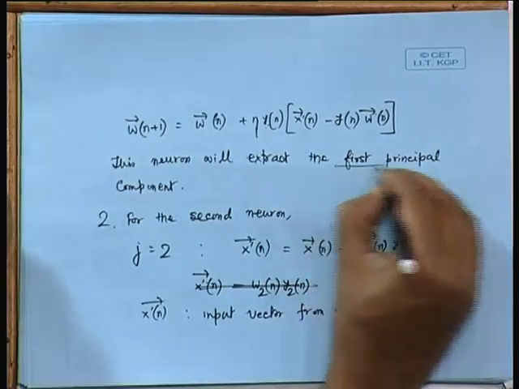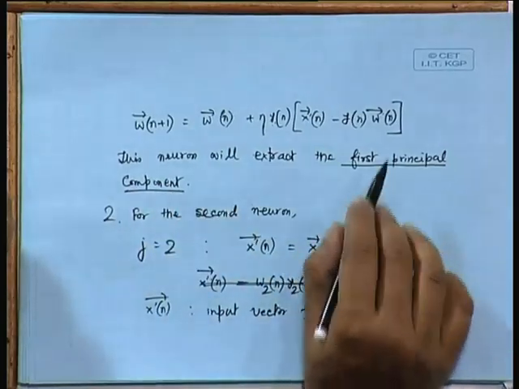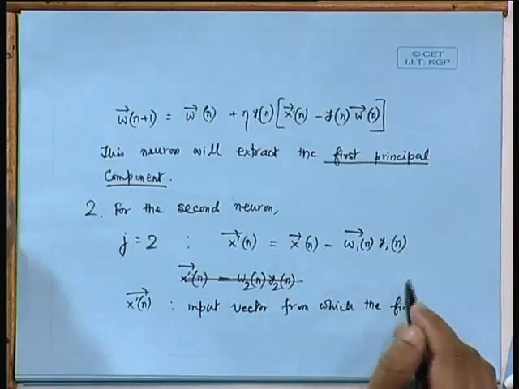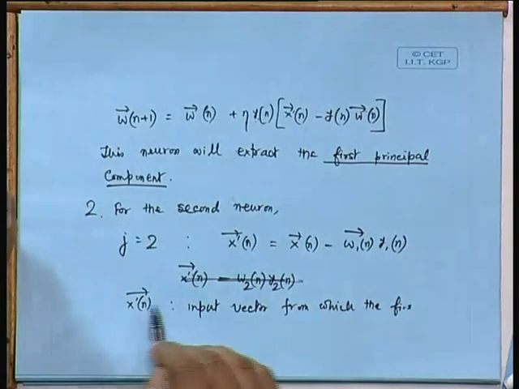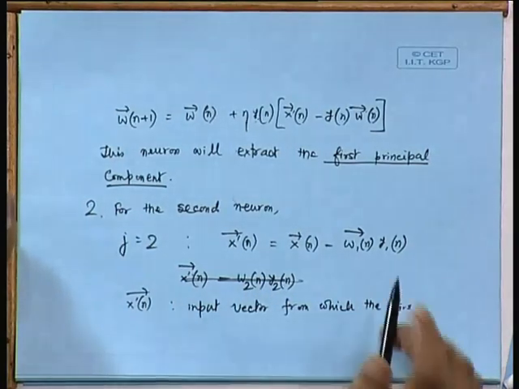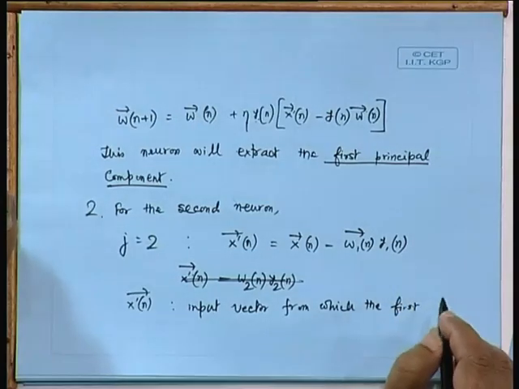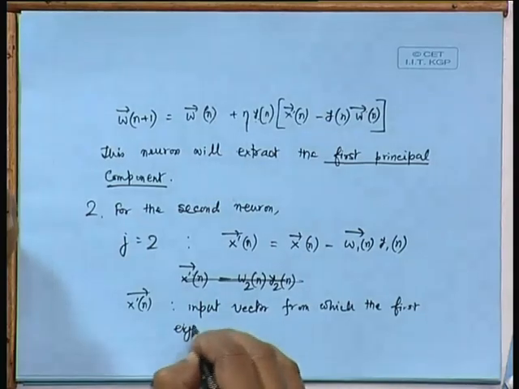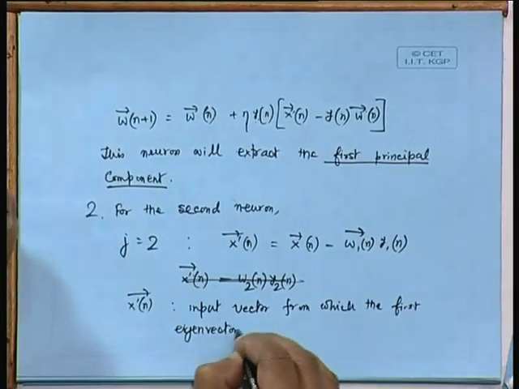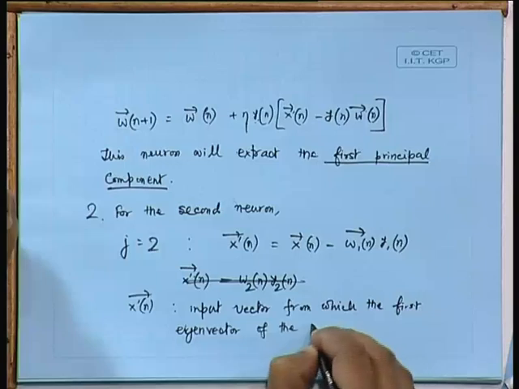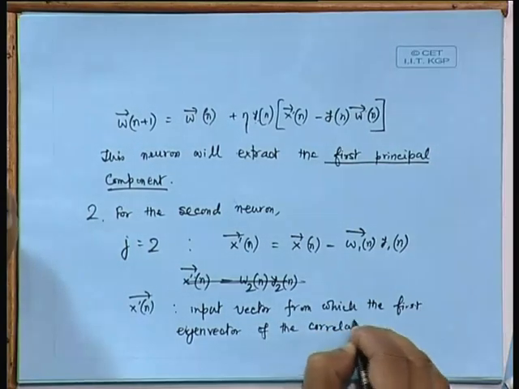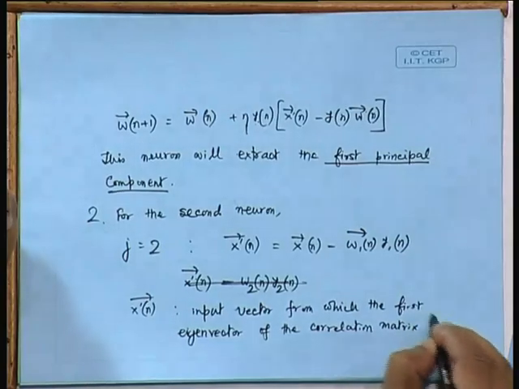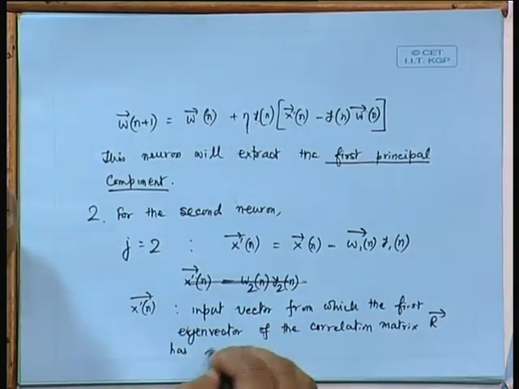Because we are taking this result that this neuron has already extracted the first principal component. So, that means to say that x prime n now becomes a modified input vector from which the first principal component has been eliminated, or rather to say the first eigenvector of the correlation matrix has been removed.